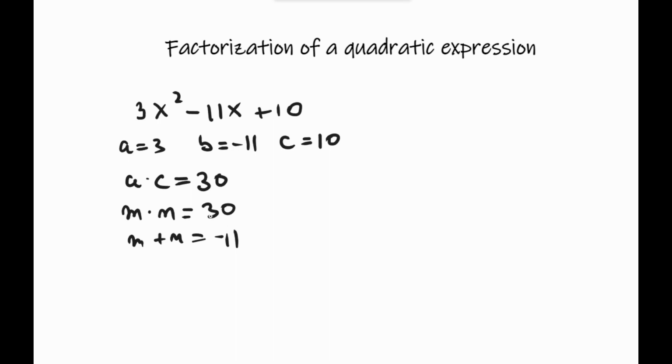We know that 30 is 5 times 6, but their sum must be minus 11, therefore m will be minus 5 and n minus 6.